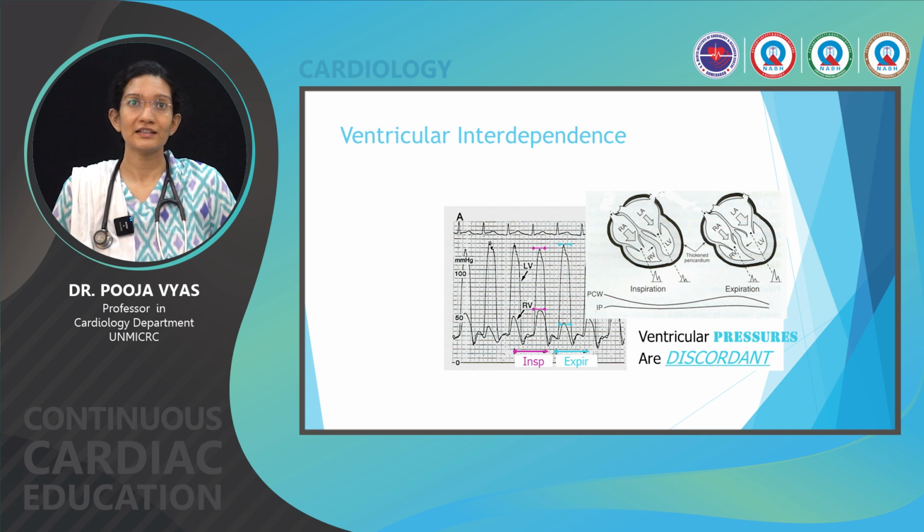This image shows the ventricular interdependence. We can see that during inspiration there is a decrease in the LV pressure and LV volumes, while there is an increase in the RV pressure and volumes, and the opposite happens during expiration. So the ventricular pressures are discordant.